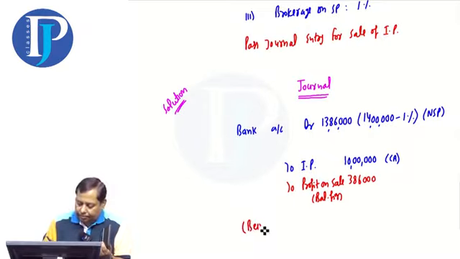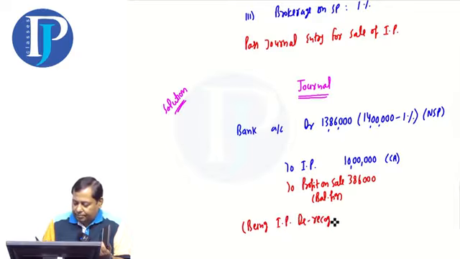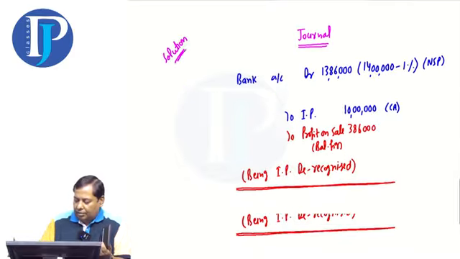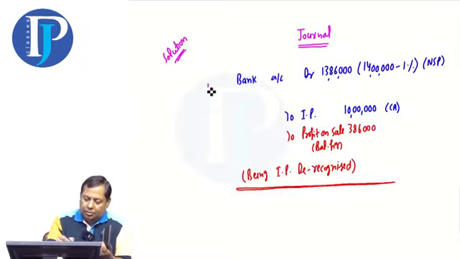Being investment property derecognized. So it's very simple, there's nothing special. We can pass one more entry.